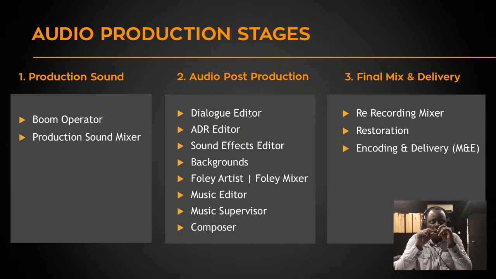So the encoding and delivery people put all this stuff together, and they encode. There's specific software that is designed to encode this so that you can meet the delivery specifications of where you're going to broadcast this. So these are the different career opportunities.